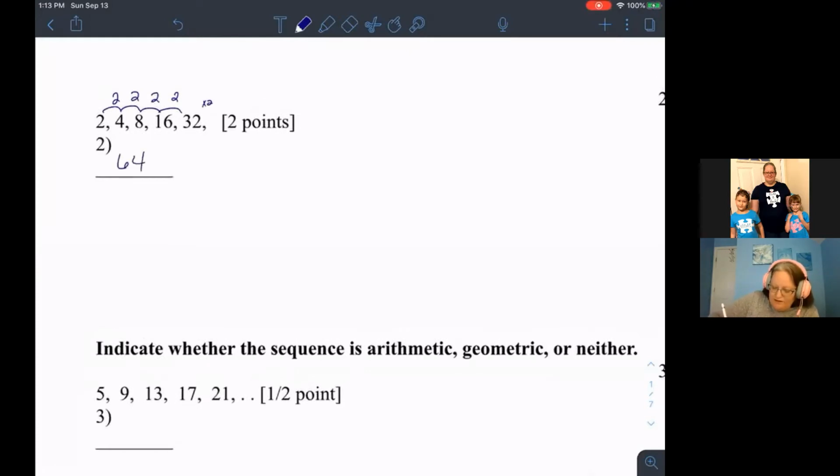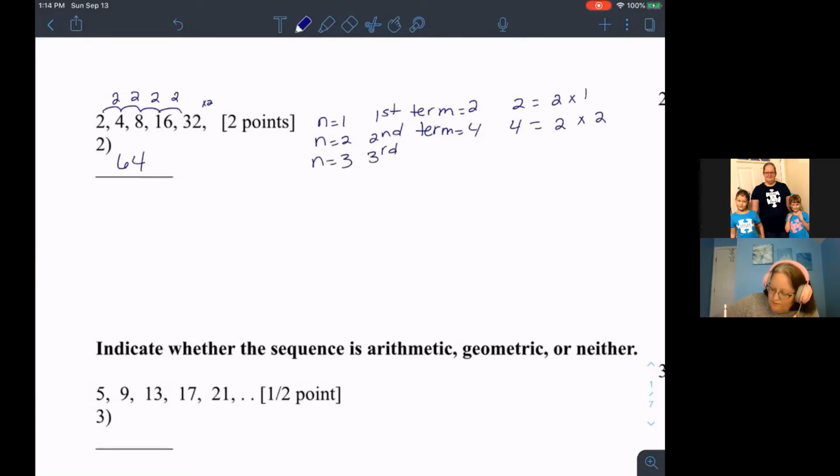To find the nth term, we go n equals 1. The first term is 2. 2 is equal to 2 times 1. Our second term is 4, and 4 is equal to 2, our starting number, times 2.